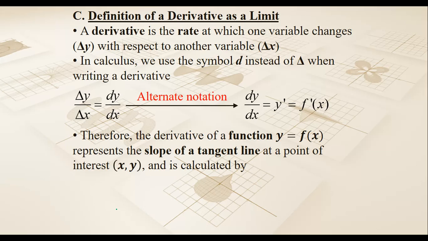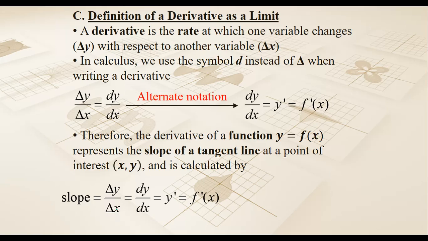Well, the derivative of a function represents the rate at which the rise is changing with respect to the run, and that is slope. So therefore, if you have a function y equals f of x, the derivative of that function is going to give us information about the slope of a tangent line at a point that we are interested in.